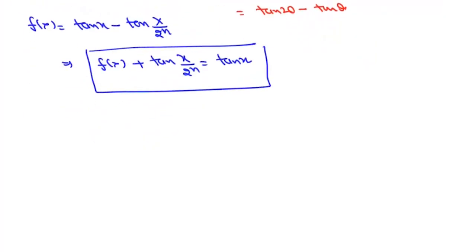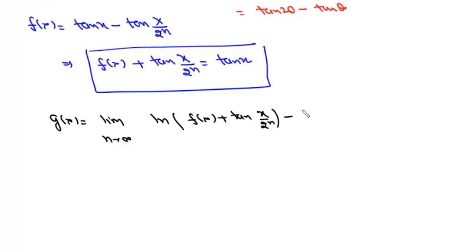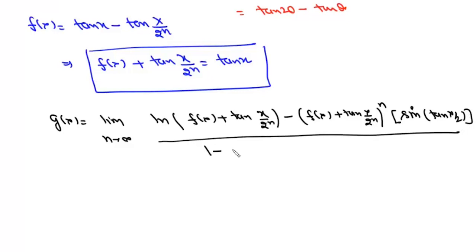Now we are given this function g(x), which is defined as limit n tends to infinity, and it will be this log(f(x) plus tan(x/2^n)) minus (f(x) plus tan(x/2^n)) whole to the power n into greatest integer function of sin(tan(x/2)) whole divided by 1 minus (f(x) plus tan(x/2^n)) whole to the power n.